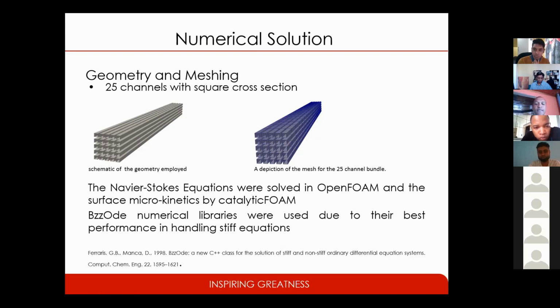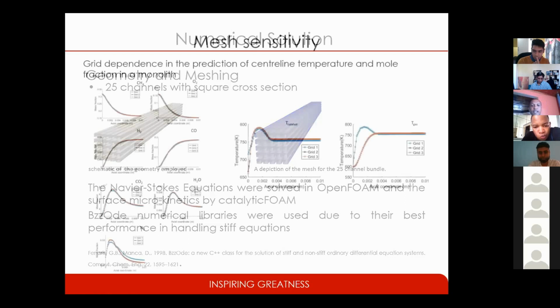And given that we are dealing with stiff equations, I had to look for libraries which would solve these stiff equations quite efficiently. And I found this to be very efficient in solving these equations, which are stiff in nature.